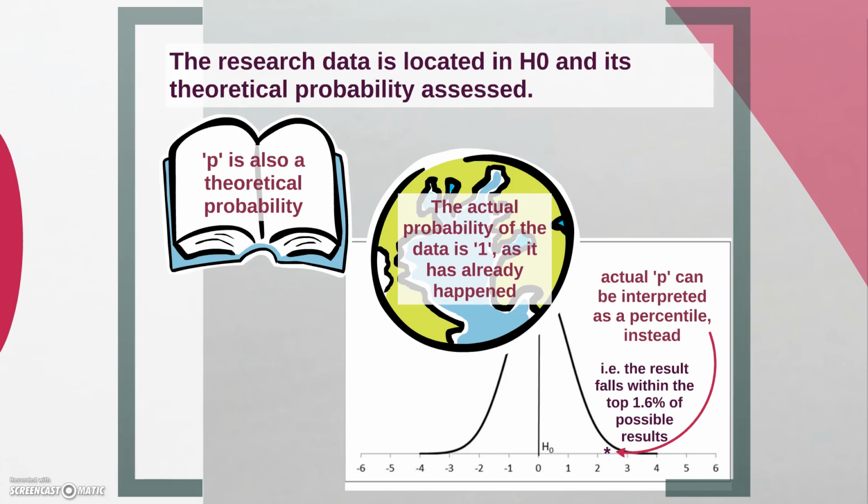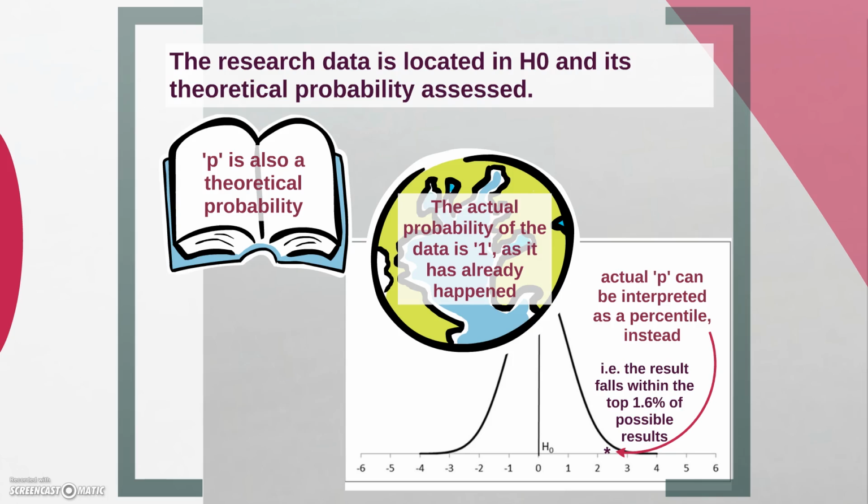Now, this p-value is also a theoretical probability. The real probability of the actual research data is 1. It has occurred, you have observed it. So you cannot have a probability of happening because it already happened.